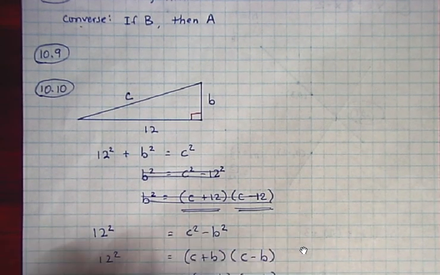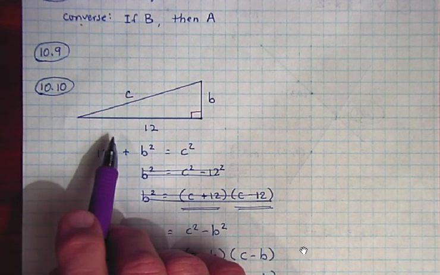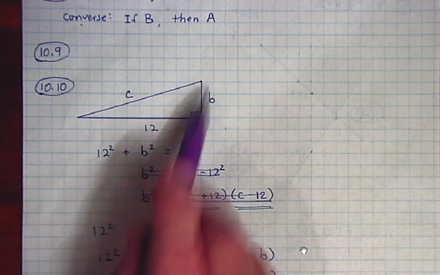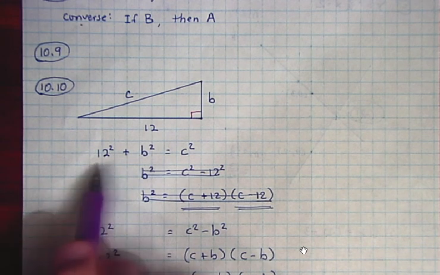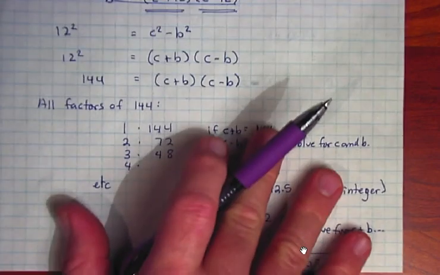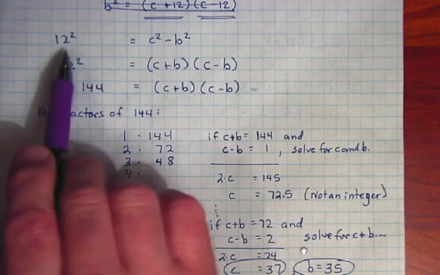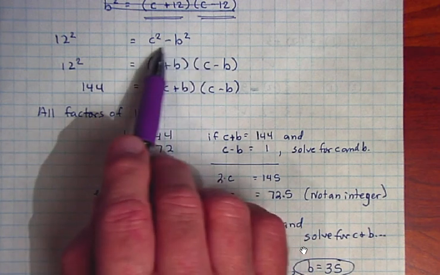Question 10 is a bit confusing. I'm going to get you started, and I'd like you to try to take it all the way to the end with my help getting you started. You have a right triangle, a squared plus b squared is c squared. One of the legs is 12. So this is the formula. And you're supposed to rewrite it. The hint says to set it equal to 12 squared is equal to c squared minus b squared, and this could be factored.